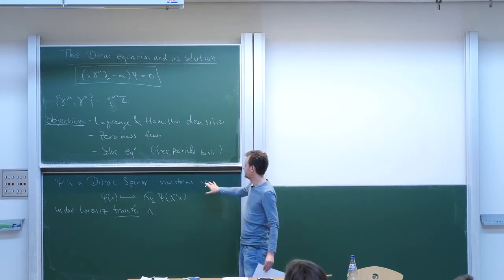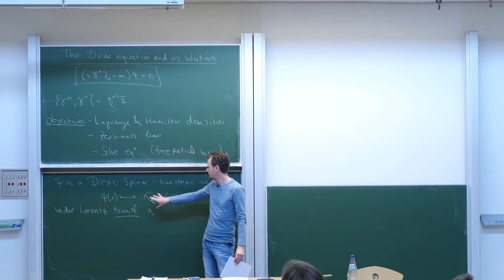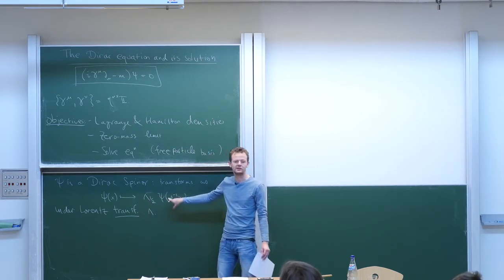So something is a Dirac spinor when, if you look at it in a different reference frame, it looks like this, and that's a definition.